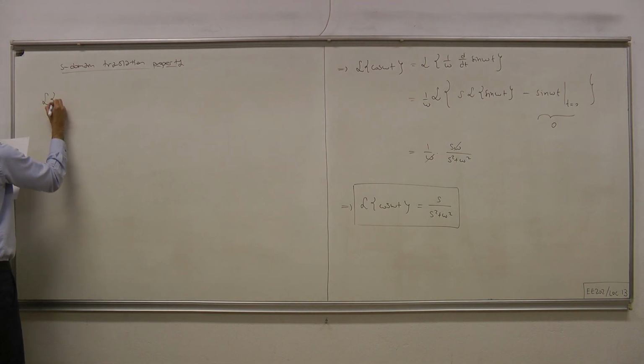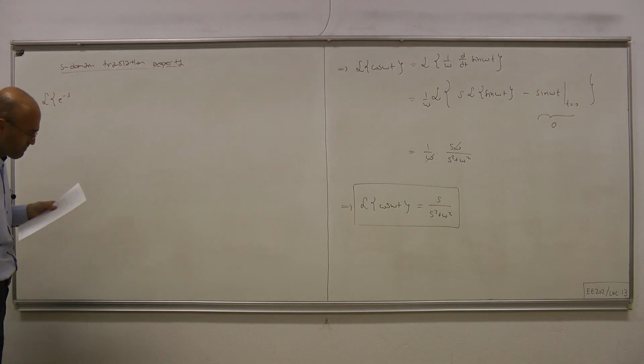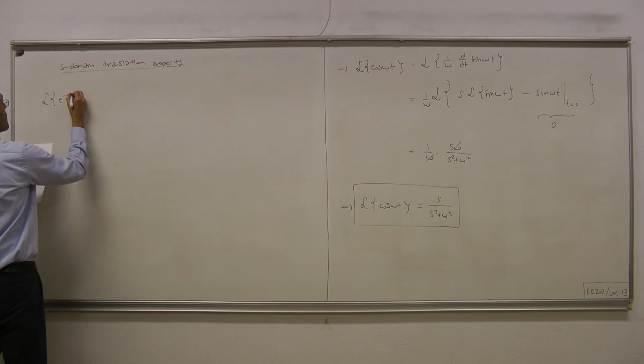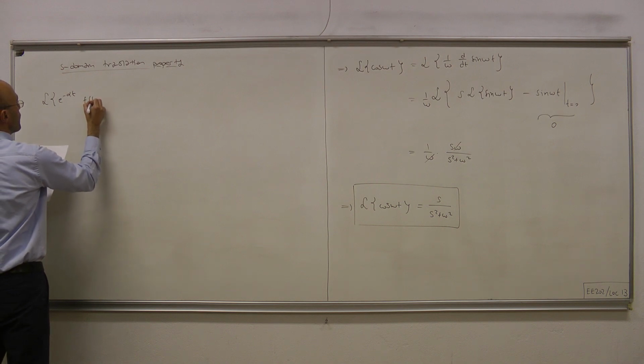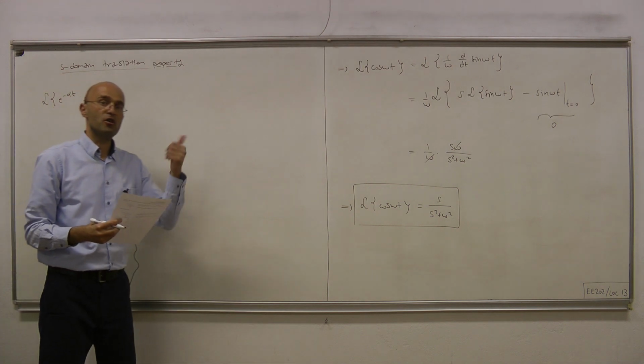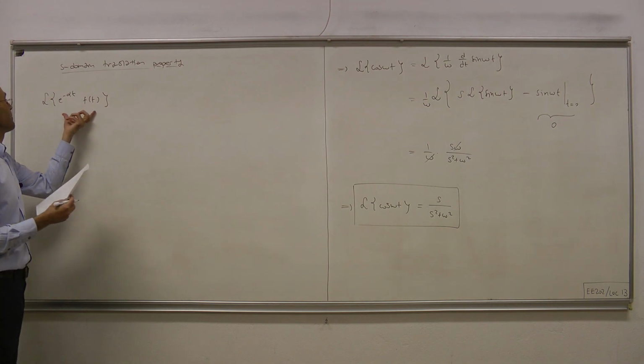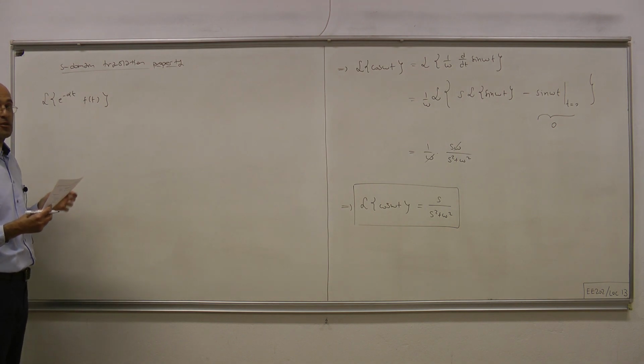By which we mean the following: e to the minus alpha t times f of t. If you know the Laplace transform of f of t, if you know F of s, then the Laplace transform of this simply is F of s plus alpha.